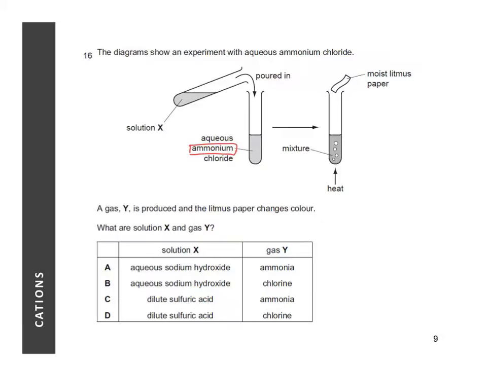So we have to recall, how do we test for ammonium ions? By adding sodium hydroxide. So solution X is sodium hydroxide, and when we add sodium hydroxide and warm the mixture, ammonia gas will be produced, which will turn your moist red litmus paper blue. So the correct answer is A.